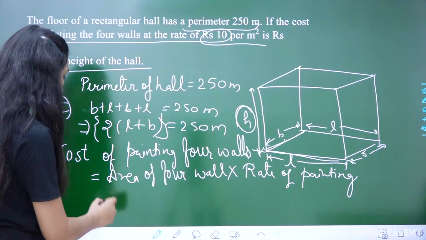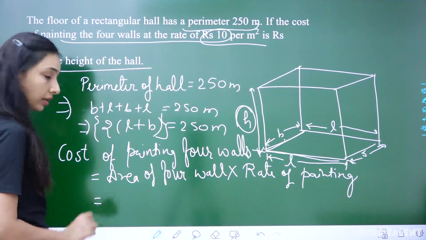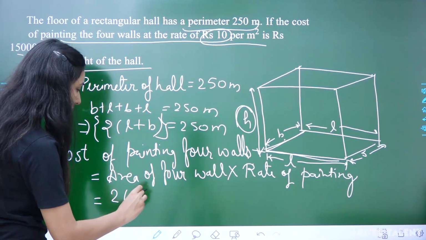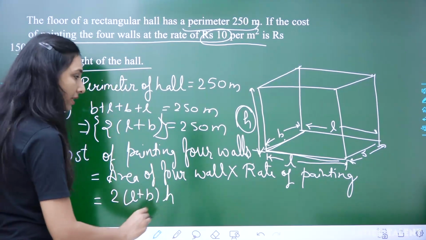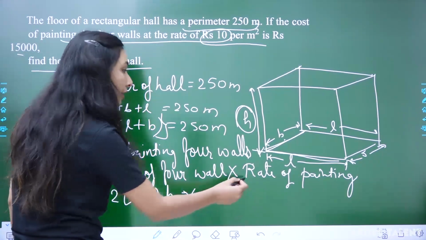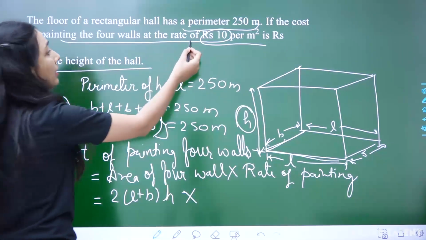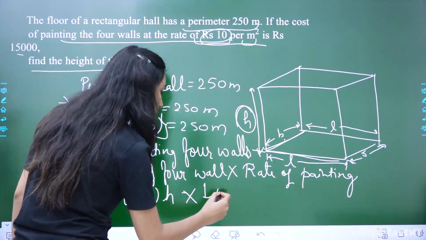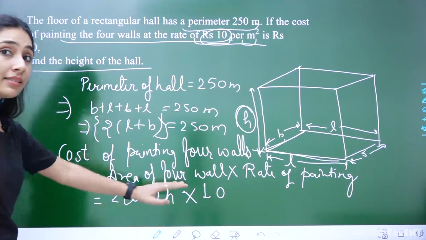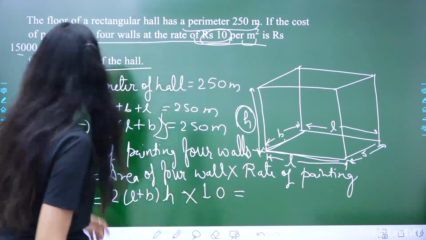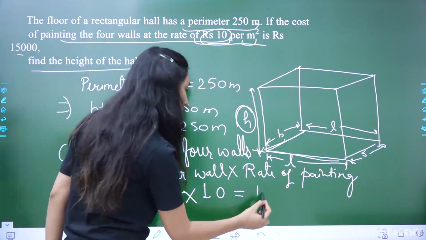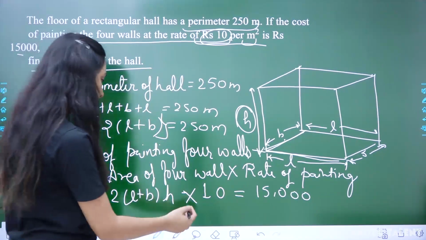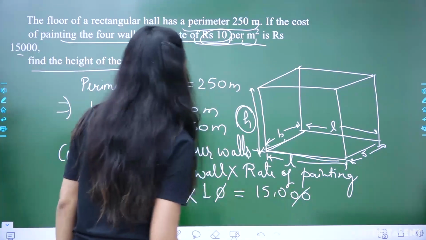Now the area of 4 walls is 2(L plus B) multiplied by H. The rate of painting is 10 rupees per meter square, and the complete value is given as 15,000 rupees.